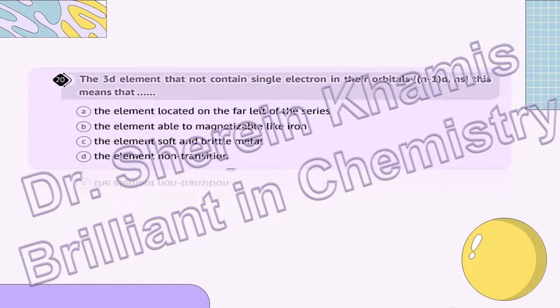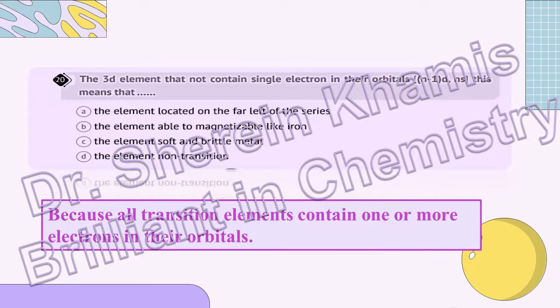If we are discussing that we have a 3s element, that we have only one electron here, so all transition elements contain one or more electrons in their orbitals. So the right answer here will be the element that does not contain a single electron in their orbital, that will be a non-transition element.